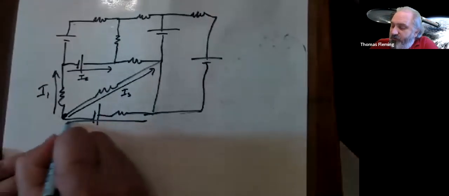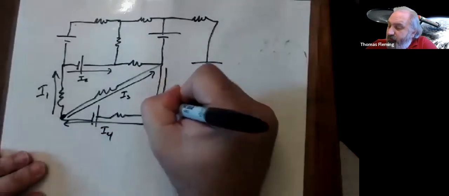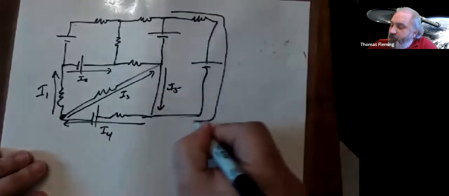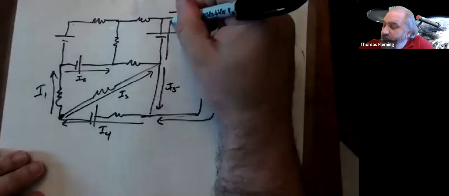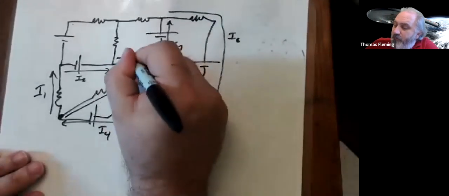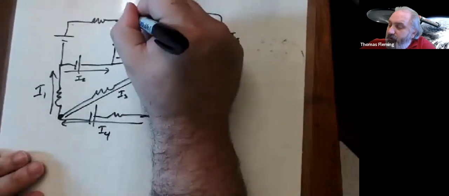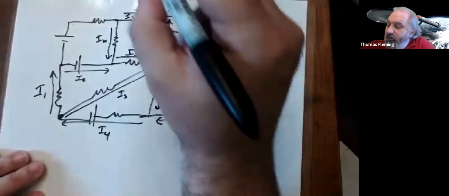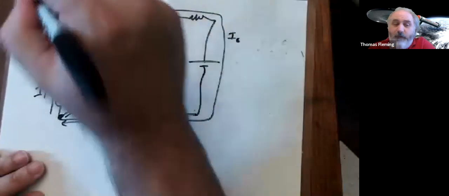From here to here, I4. From here to here, I5. From here to here, I6. There to there, I7. There to there, I8. There to there, I9. There to there, I10. And from here to here, I11.